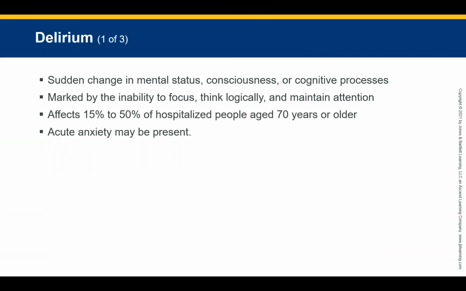This does affect about 15 to 50% of hospitalized people older than the age of 70. I don't know why that is, but you start to see more elderly patients that spend a longer time in the medical facility, hospital, assisted living, or long-term care. They develop delirium.